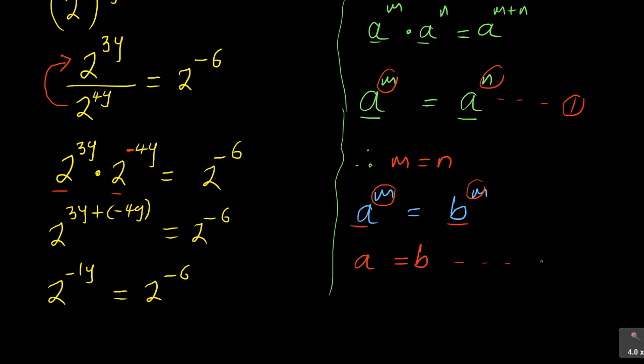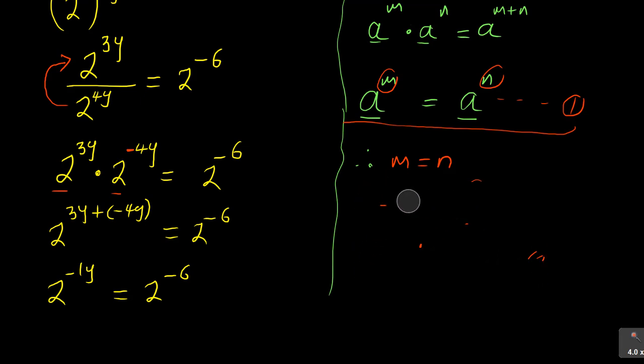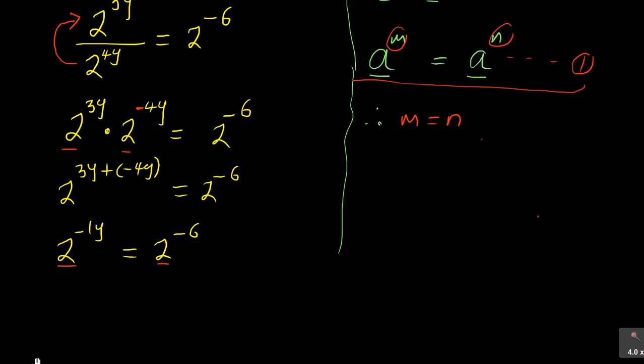This is number 2, but in this case we're going to use the first one because it is the one that is applicable. The first one says, when the bases are the same, you can see here 2 and 2, we can also conclude that the exponents are also equal.